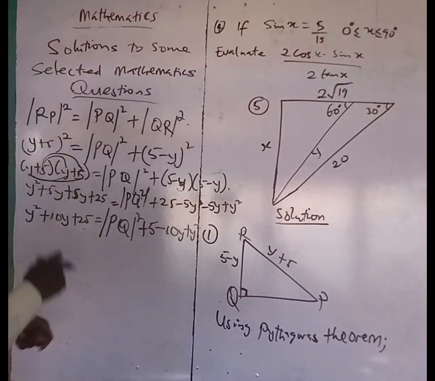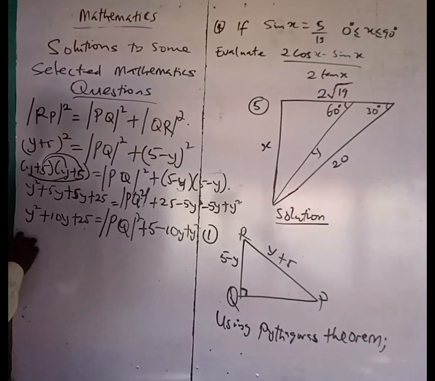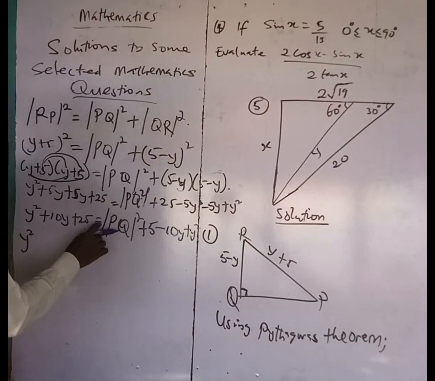Now let's quickly collect the like terms. You have y squared; it is plus, and when it crosses the equality sign it becomes minus y squared.